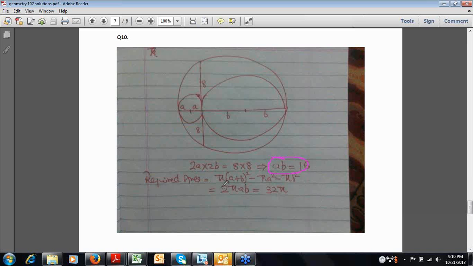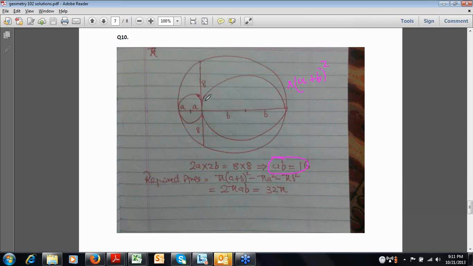And the area we require is pi (A plus B) whole square minus the total area. The radius of the larger circle will be A plus B, so the area of the larger circle is pi (A plus B) whole square.